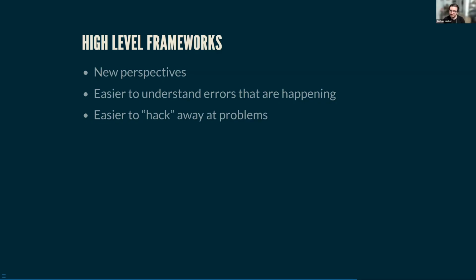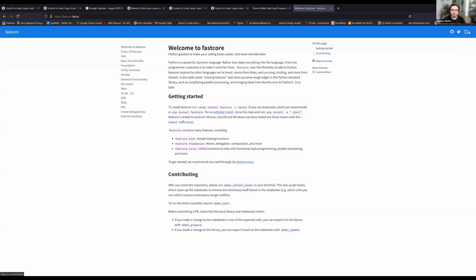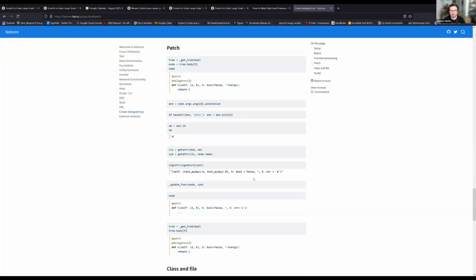I will actually bring in a dash of magic and use FastCore's patch decorator, which, yeah, sure, we can do a quick FastCore detour. So if we do patch, patch is quite literally monkey patching, right? It's a decorator where you define a function and the class it stems from.